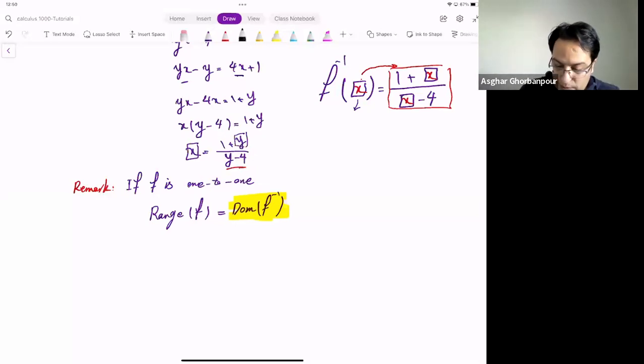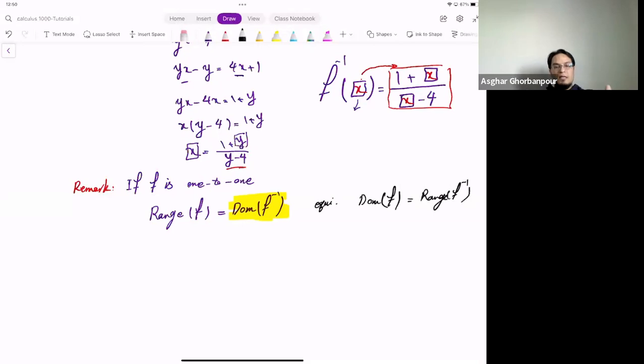Equivalently, there is another statement here that the domain of f itself is going to be the range of f inverse. So f inverse changes the domain to range and so on.